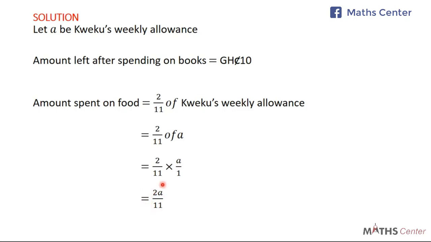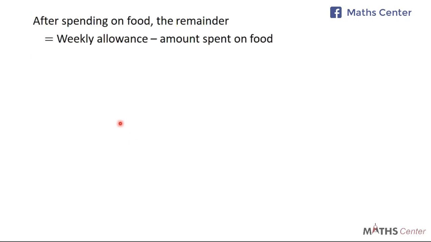Now after spending on food, the remainder will be what he started with, the weekly allowance A, minus what he spent on food, 2A/11. So we have A minus 2A/11. A is the same as A/1, so it is A/1 minus 2A/11.